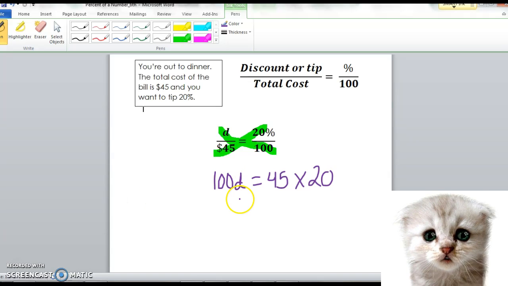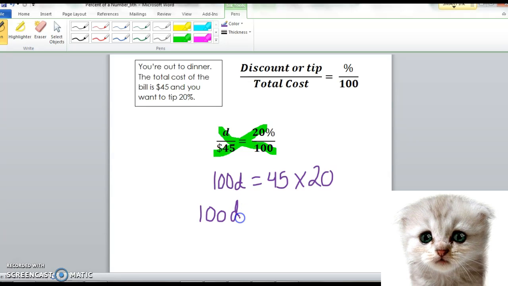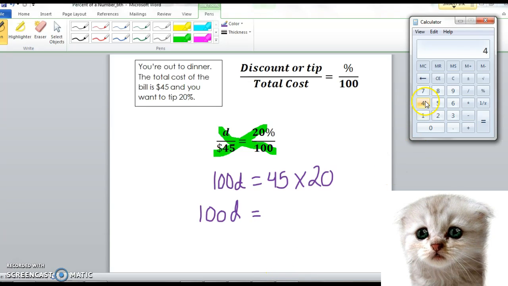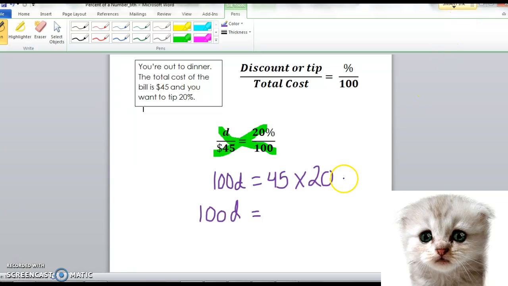I'm going to rewrite 100D, which is equal to 45 times 20, which equals 900.